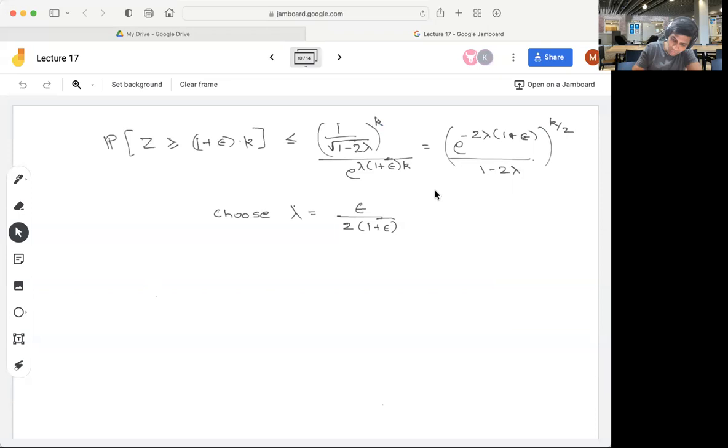We have e to the minus epsilon in the numerator, and the denominator becomes 1 over 1 plus epsilon. So we get 1 plus epsilon again raised to the k over 2.